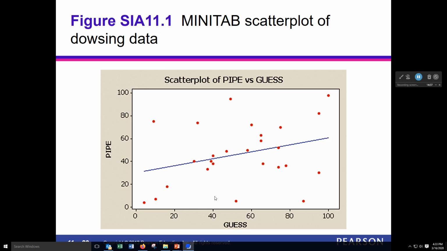So the larger the guess, the further away the pipe is. But it just does not appear to be a very good estimator of where the pipe actually is. This regression line and these dots.